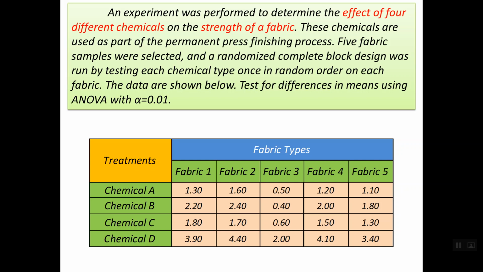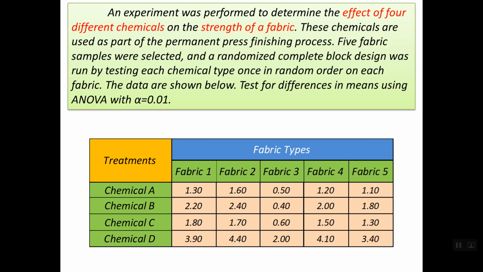These chemicals are used as part of the permanent press finishing process. 5 fabric samples were selected and a randomized complete block design was run by testing each chemical type once in random order on each fabric. The data are shown below.